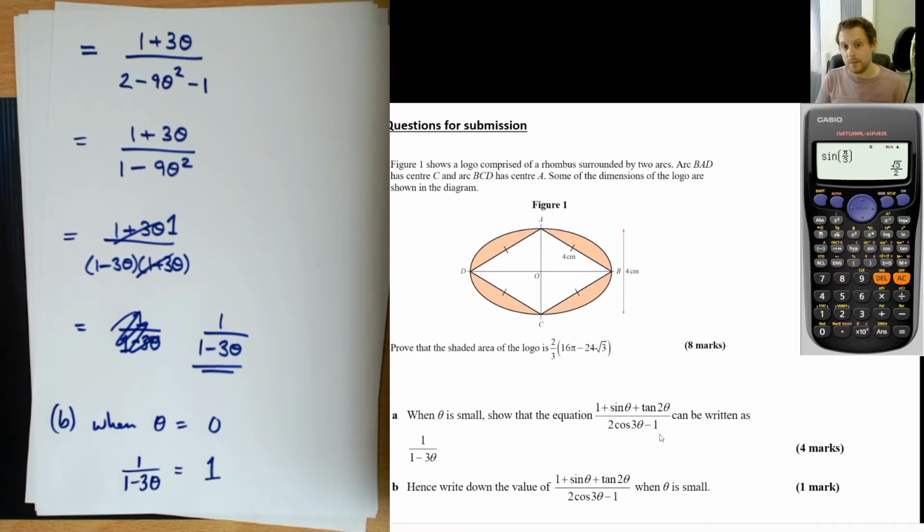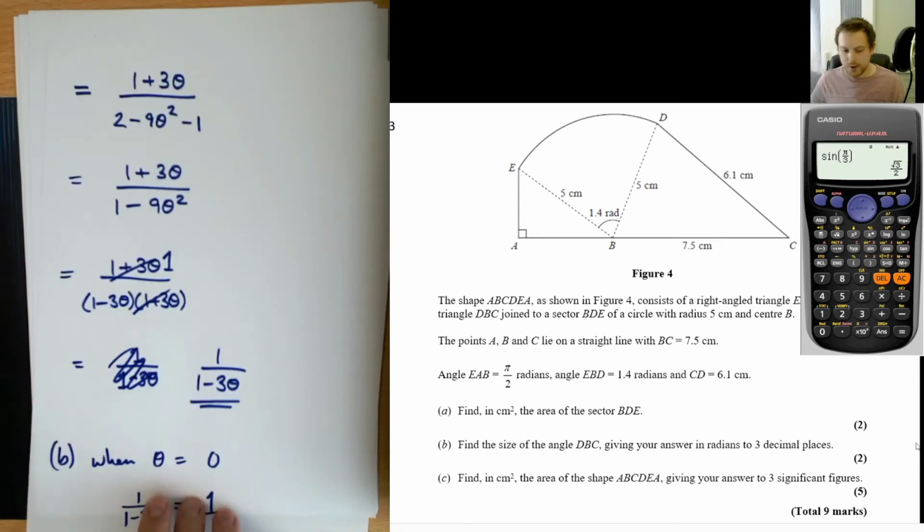And it's really difficult to see that to begin with, isn't it? If I make theta really, really small, what does this get closer and closer towards? Well, it gets closer and closer towards 1. So that's that. And then last question.